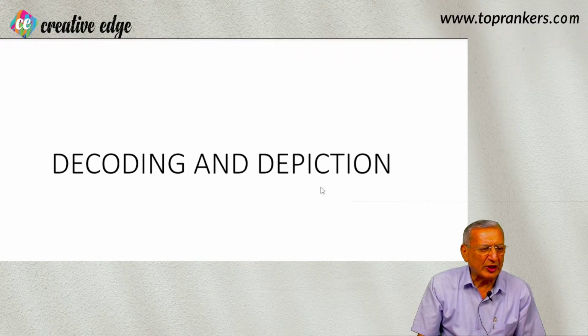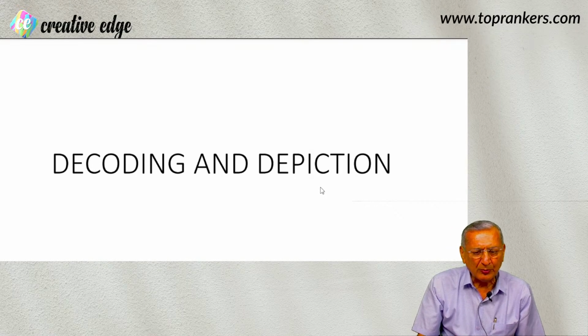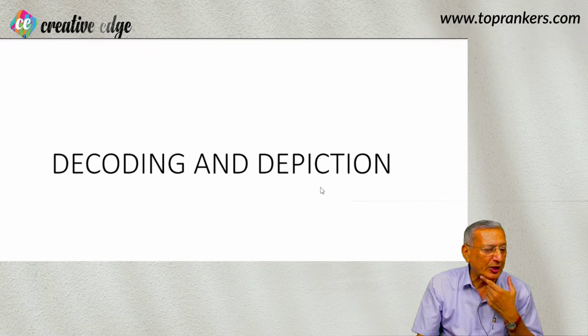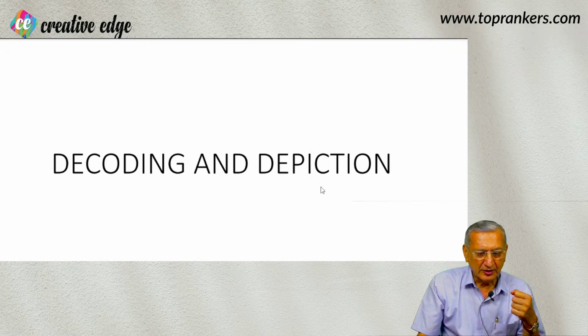Friend, let me tell you today that I am going to take up this one portion, and since we all know that the JEE B.Arch has been again postponed to 23rd instead of 20th of June.